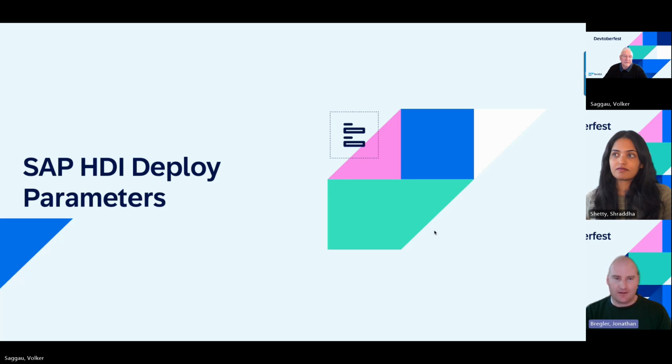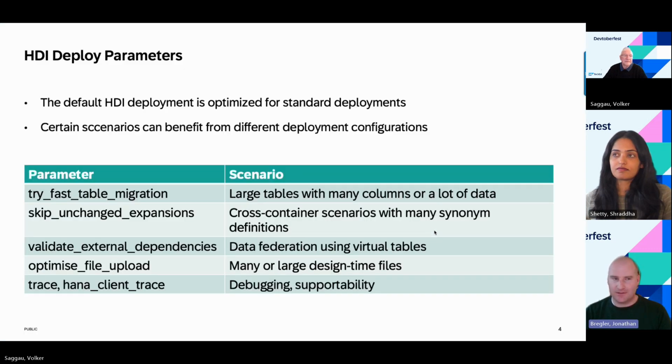And with that, I'll start the topic on the deploy parameters. So when you do a deployment to HANA, for example, from a CAP application, the underlying technology that's used to write the objects into the database is HDI, which stands for HANA Deployment Infrastructure.